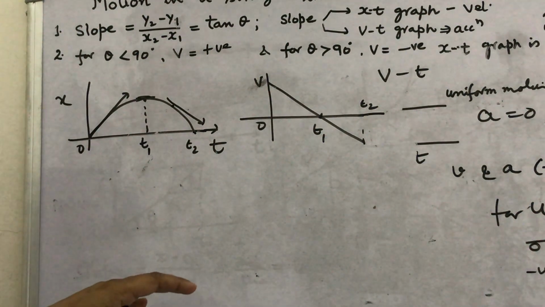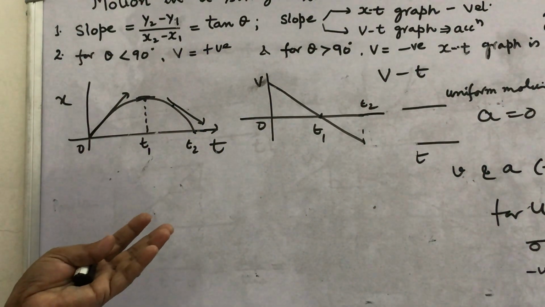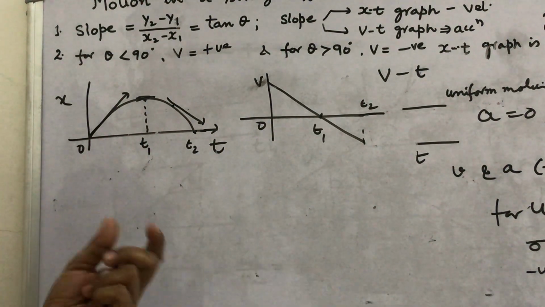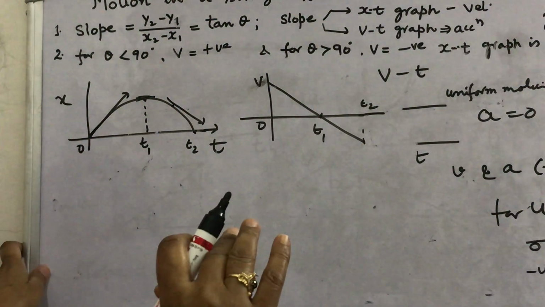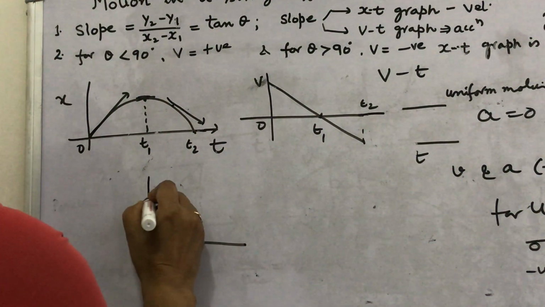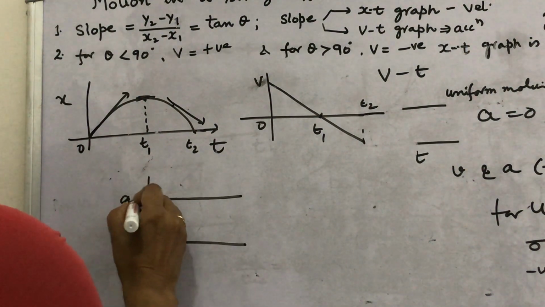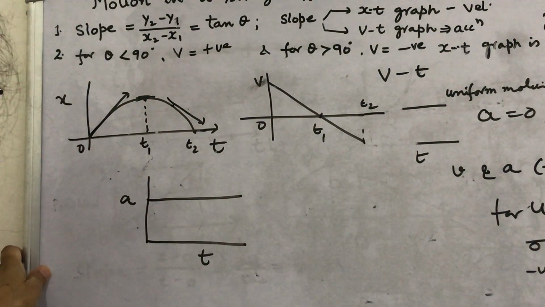If the velocity time graph is given, then find the acceleration time graph. What is the acceleration time graph? If the object is moving with constant acceleration, then the acceleration is constant.